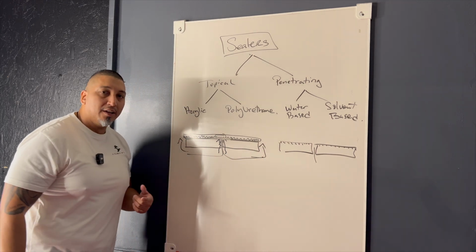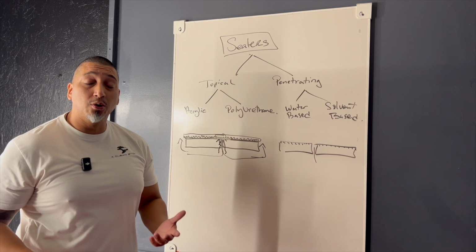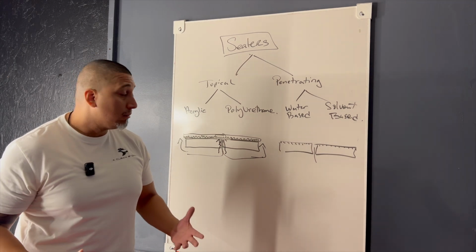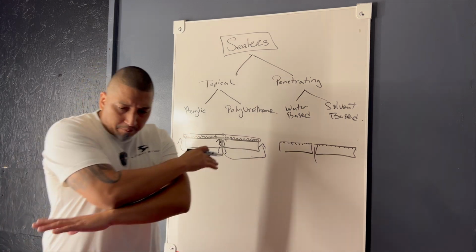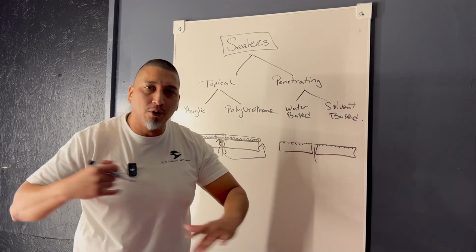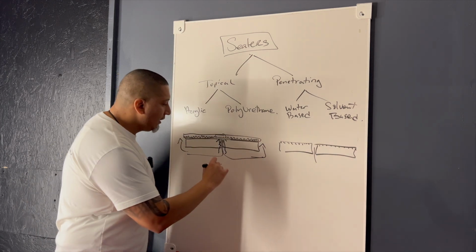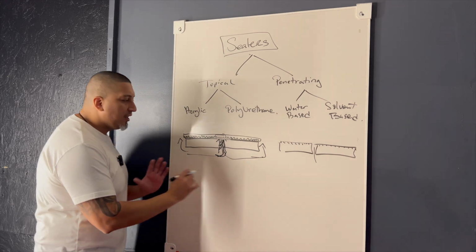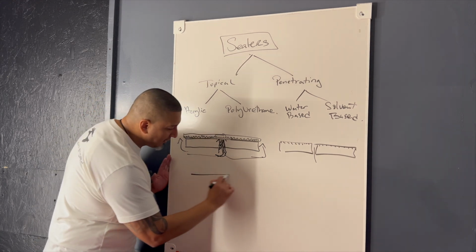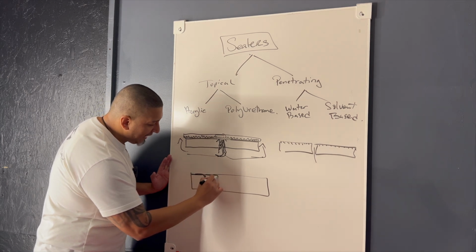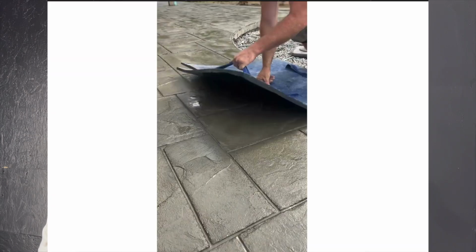Now, let's say that outside you have a stamped concrete patio. Well, a stamped concrete patio is a block of concrete. It's all concrete with a top coat on it. No water, no evaporation is going to occur, because stamped concrete is basically one big slab that makes it look like it has grout lines, but it really doesn't have any grout lines.